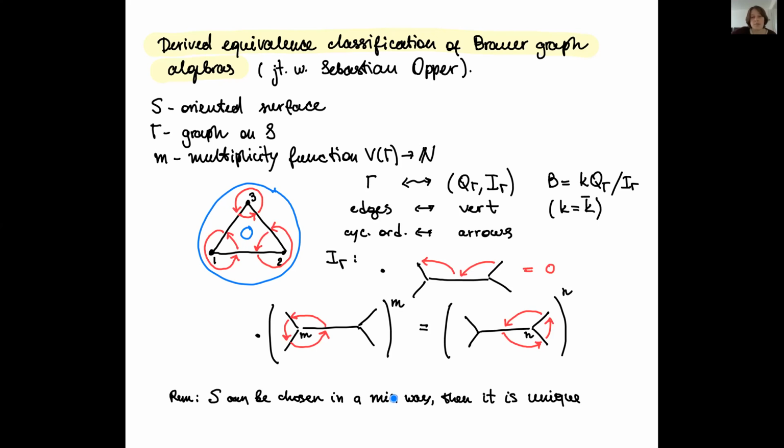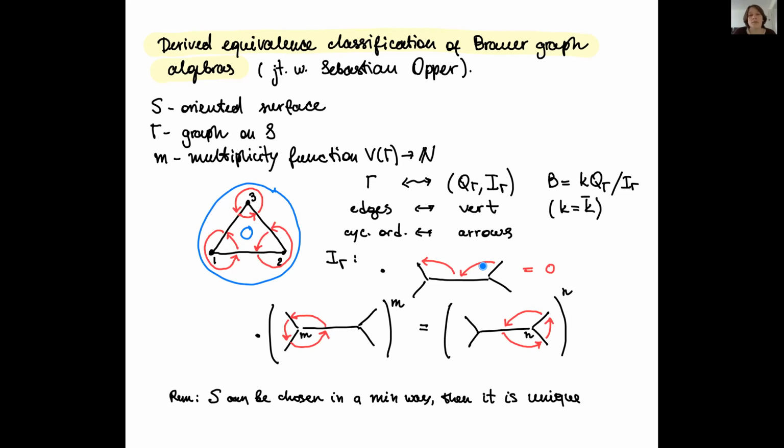Another type of relations is that if we take an edge, there are two vertices attached to this edge. Then if we go around one cycle, the number of times corresponding to the multiplicity, it's equal to going around the other cycle the corresponding number of times. So this is the definition of a Brauer graph algebra.